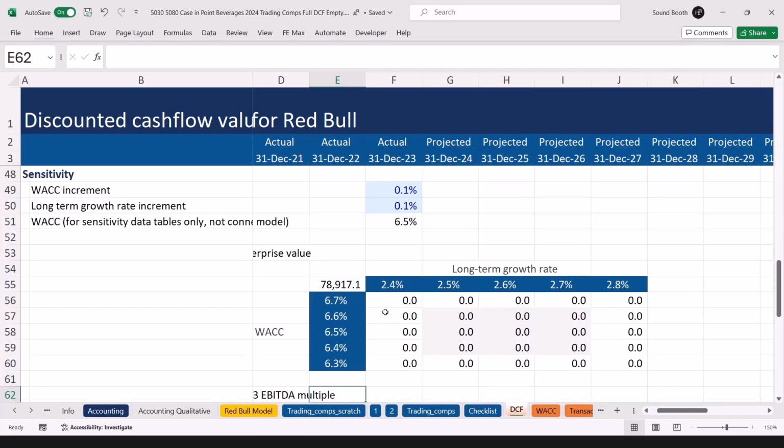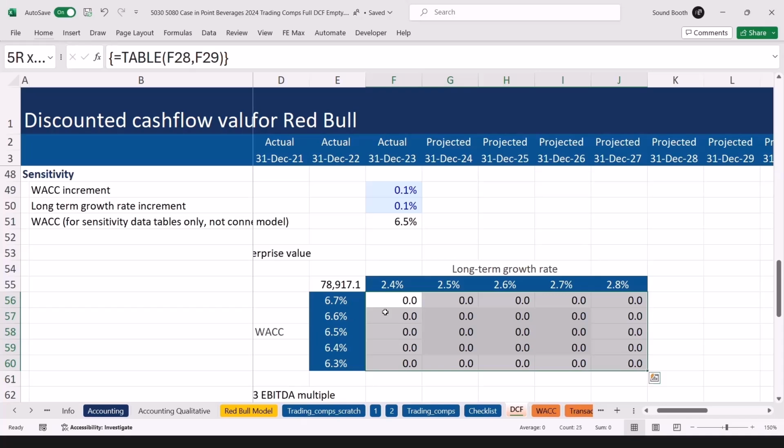And the reason for that is that every time you make a change, Excel has to recalculate the model 25 times. And if you have iterations, it will iterate 5 times for each calculation. So that's actually 125 times the model has to recalculate for every single change you make.